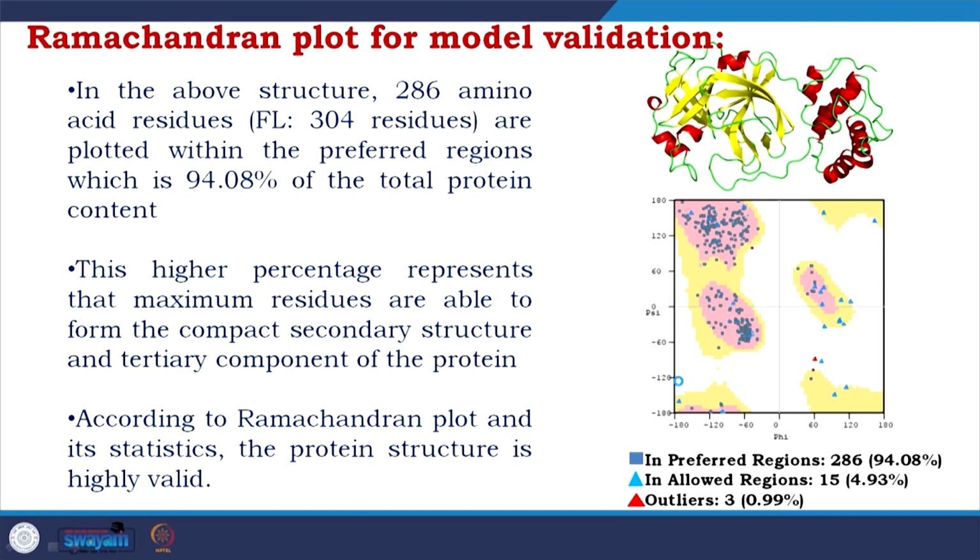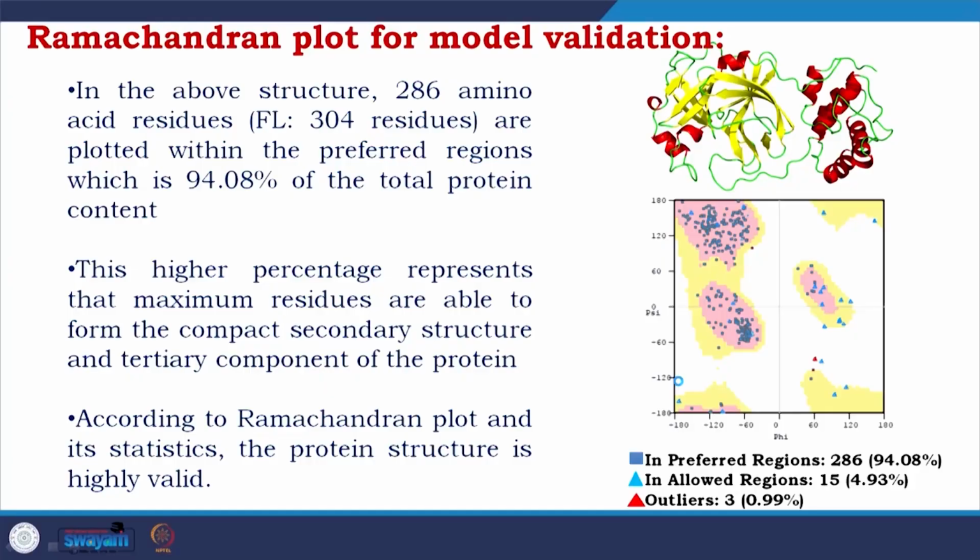What is a preferred region? As I told, if you go to the Protein Data Bank, you will get the experimentally solved structures, so they are validated structures. The torsion angle distribution of amino acids is calculated, they are clustered, and from this cluster we have developed a preferred zone which is favored, and then after that comes the allowed region, and then the outlier or disallowed region.